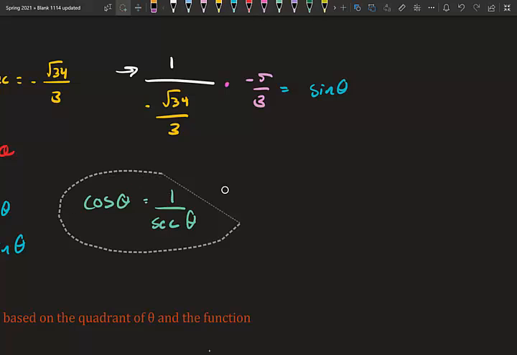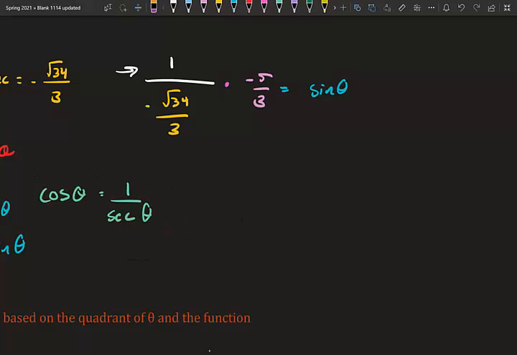So now we can go ahead and solve for our sine. This is where we have to keep, change, flip. So this part right here would be 1 divided by negative square root of 34 over 3. So that's 1 times 3 over negative square root of 34.